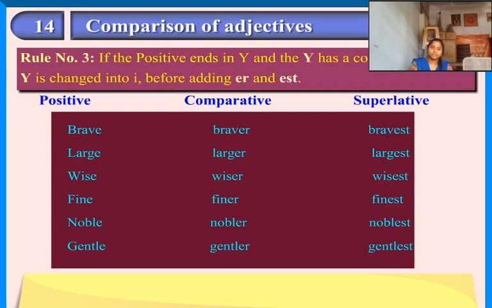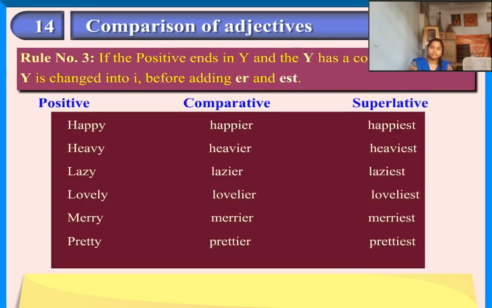If the positive ends in Y and the Y has a consonant before it, Y is changed into I before adding ER and EST. Happy, happier, happiest. Heavy, heavier, heaviest. Lazy, lazier, laziest, and so on.